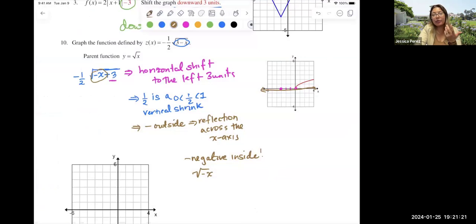And the good visual for this type of problem is going to desmos.com, and I'm going to go ahead and project that.